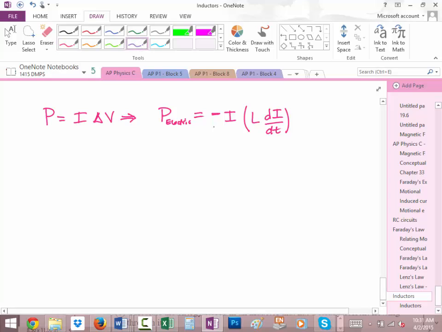Again, it's negative because the energy per time, which is what power is, right, is being transferred to the inductor from the rest of the circuit. Okay?